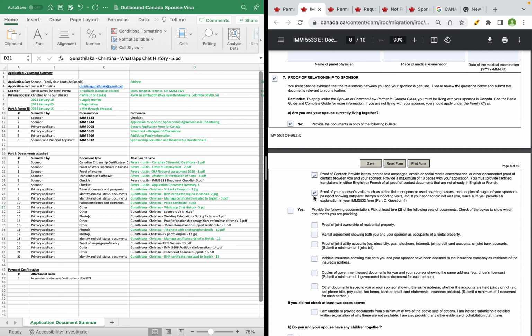So all of those documents, I took scanned copies of them, put them into a Word document, and included headings to explain what is provided below, for each of the documents, like the ticket, the boarding pass, the Canada passport, the stamps he got from the Canada airport, and then the stamps he got from the Sri Lankan airport.